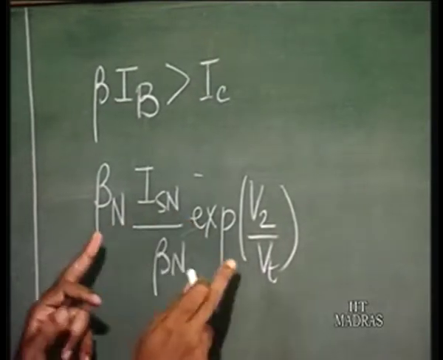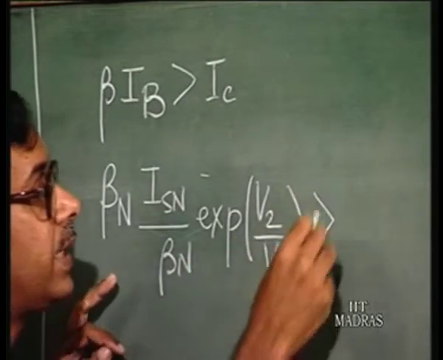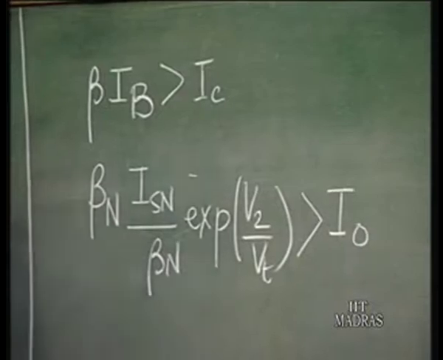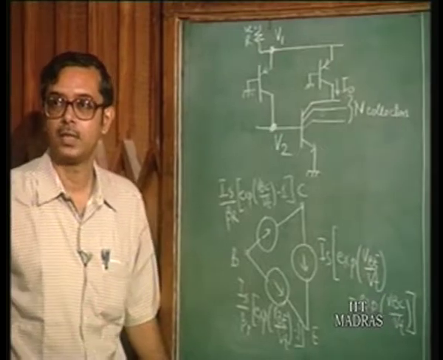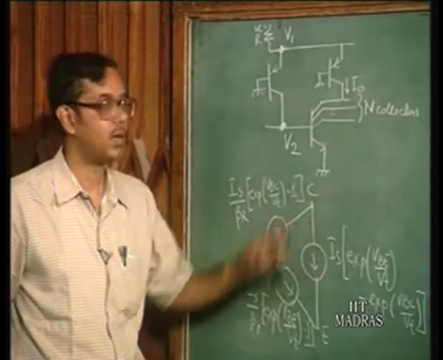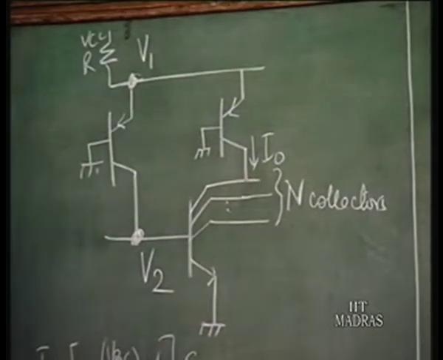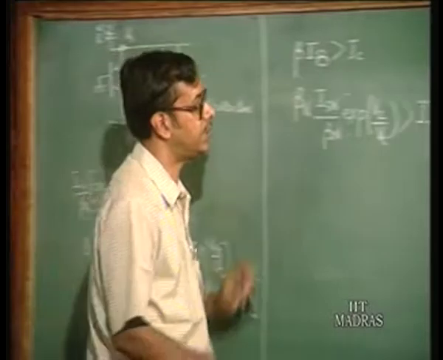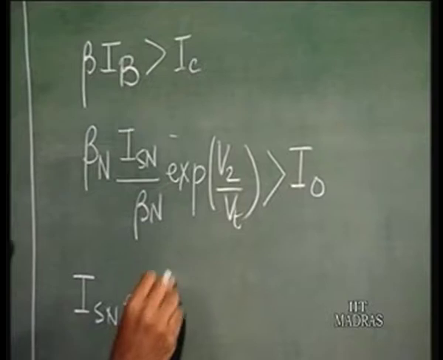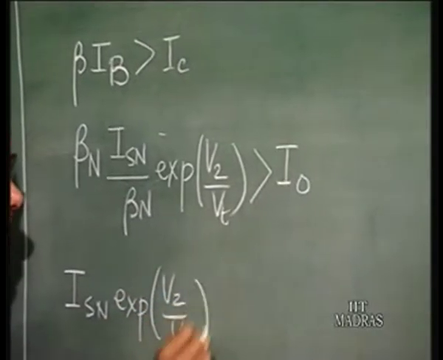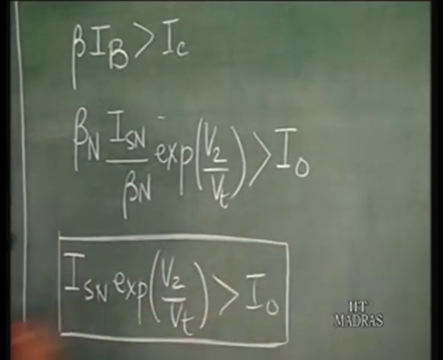So, this is for one transistor, and this must be greater than I naught, where I naught is the current flowing in here. So, the condition for saturation is ISN exponential V2 by VT must be greater than I naught. So, this condition must be satisfied.